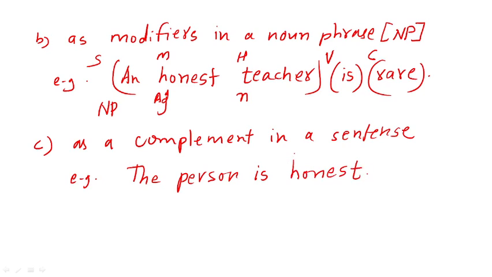Now this honest is complement because it talks about the quality of the person, and since honest is adjective, here it is working as complement to this person.